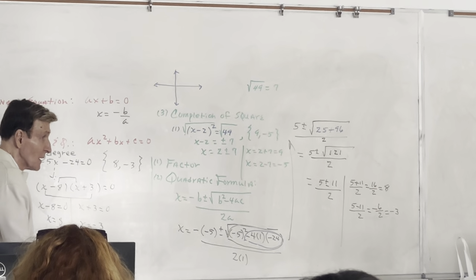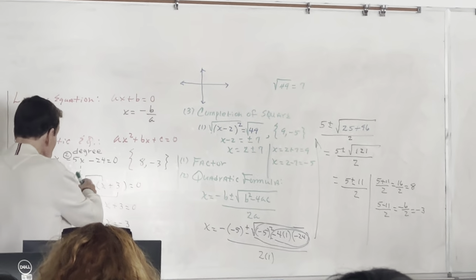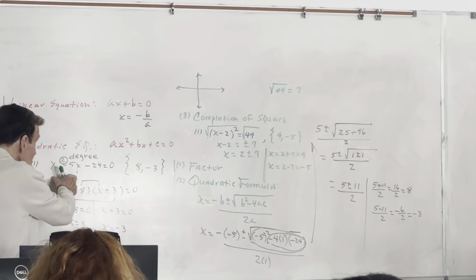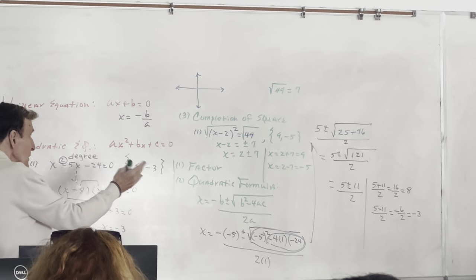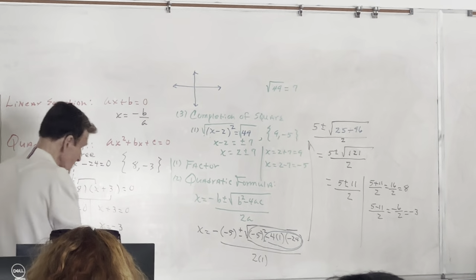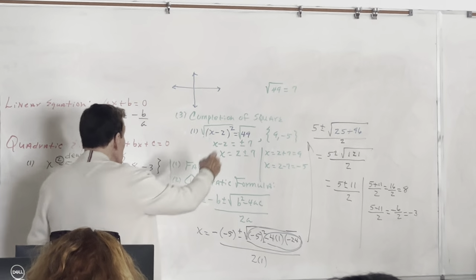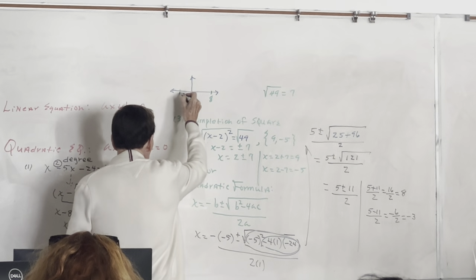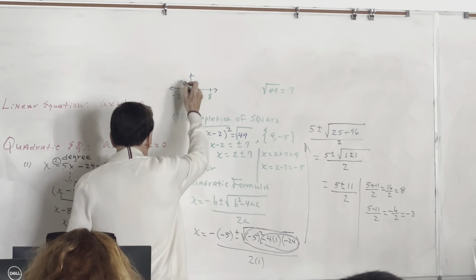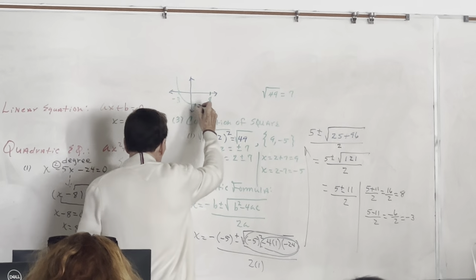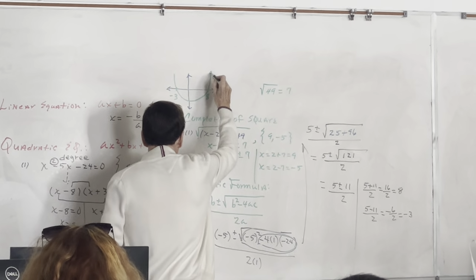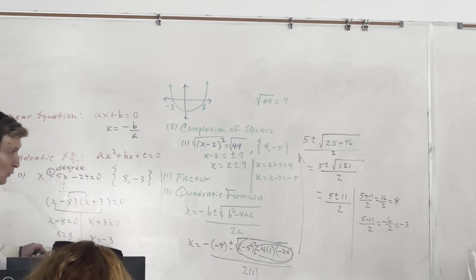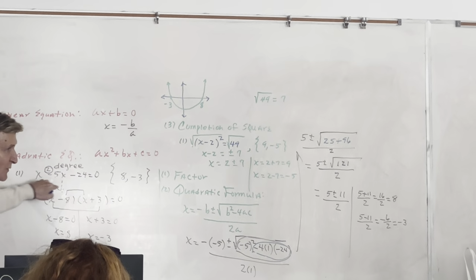If you saw the graph, a picture of this function here, x squared subtract 5x subtract 24, you snap a picture on your phone, it's gonna look like this. And it's gonna open up.